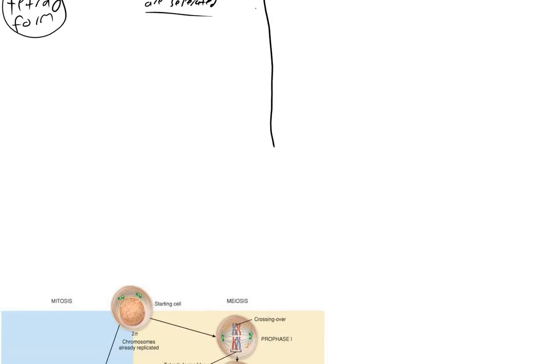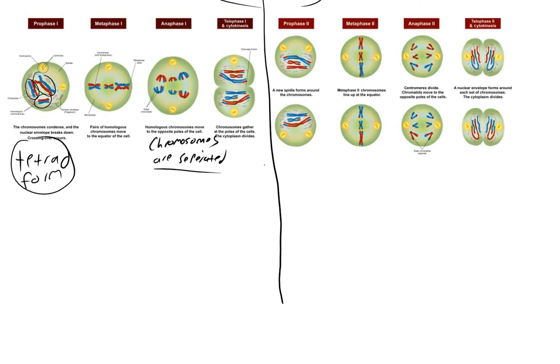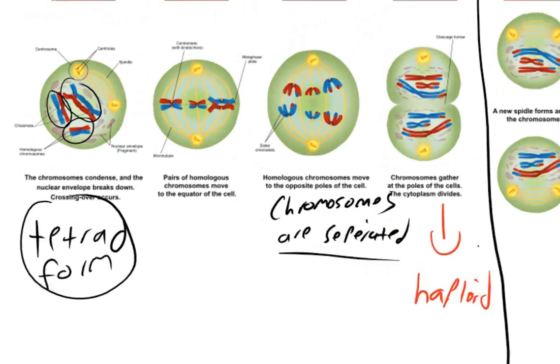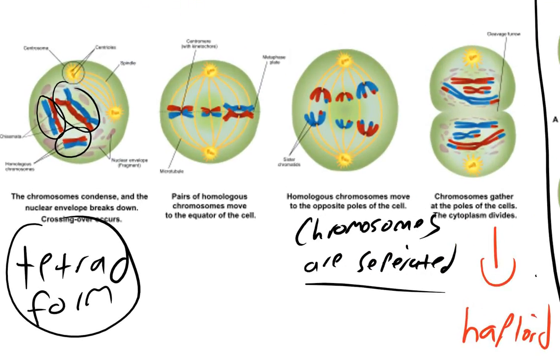So what you end up with, and this is a question that comes up on a lot of exams, is that at this point, the cells are considered haploid. If we look at our original count here in prophase, we see that there are 2, 4, 6 chromosomes, yep. But then there's 2, 4, 6, 8, 10, 12 chromatids. 4 times 3 is 12.